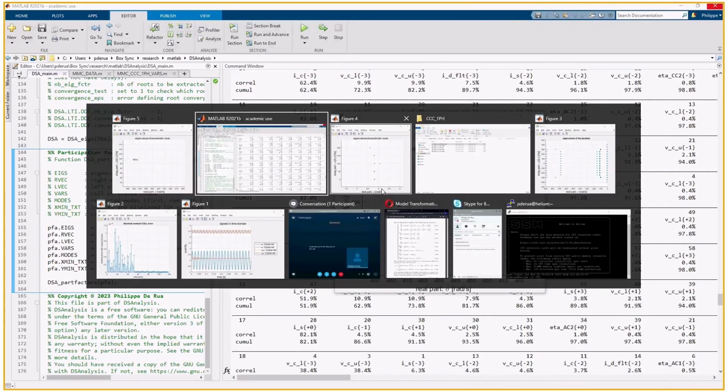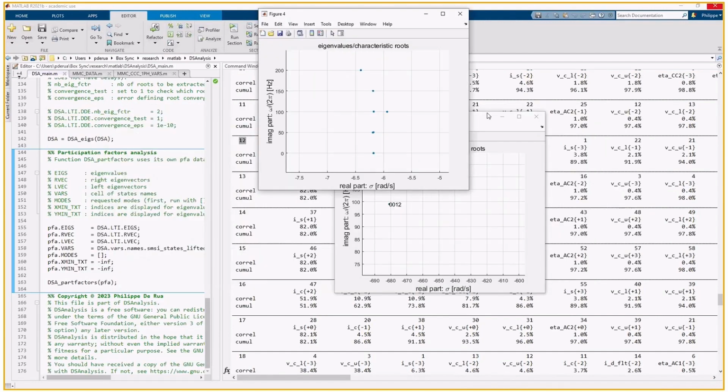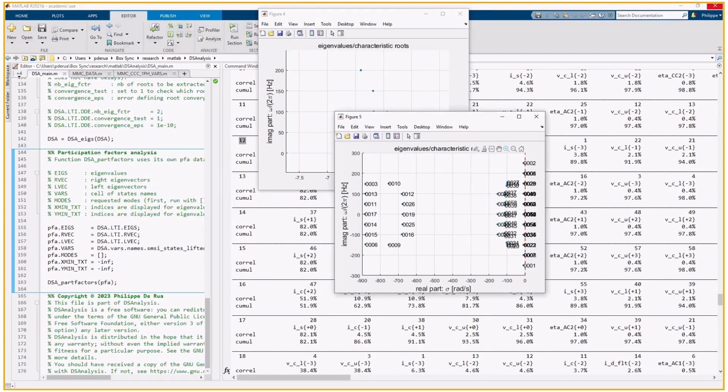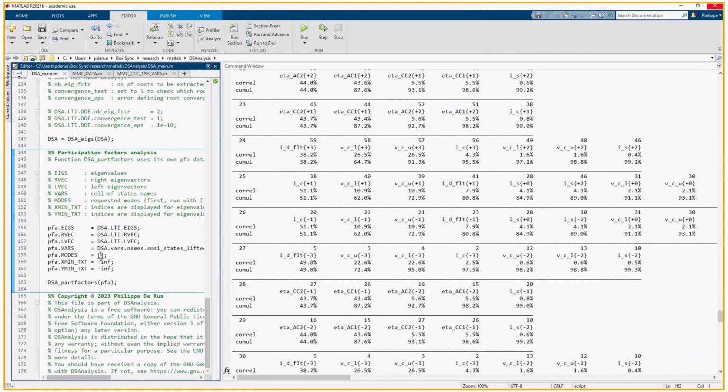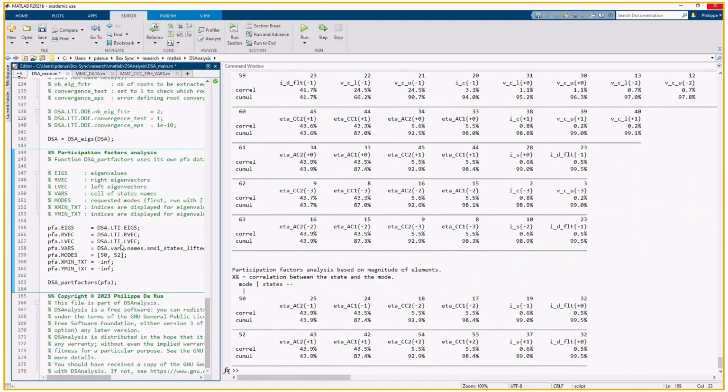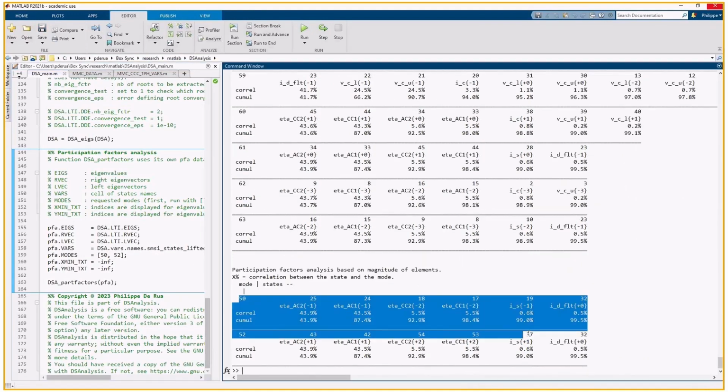Let's say we are interested in another one closer to the imaginary axis. These two modes, 52 and 50, I could scroll and eventually find it, but I can also just say that I would like to check modes 50 and 52, and I get directly the lines in which I am interested.